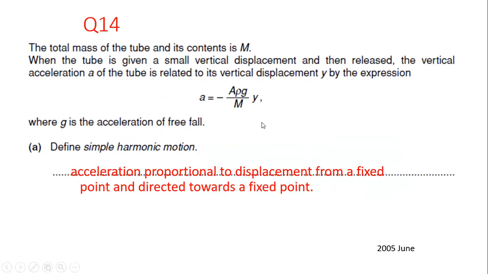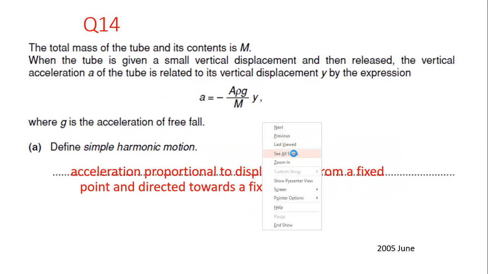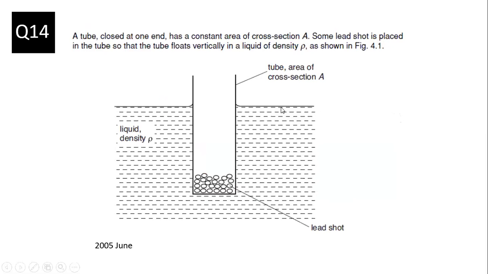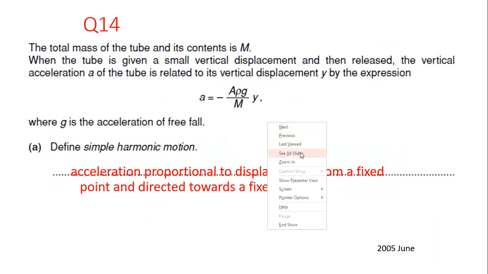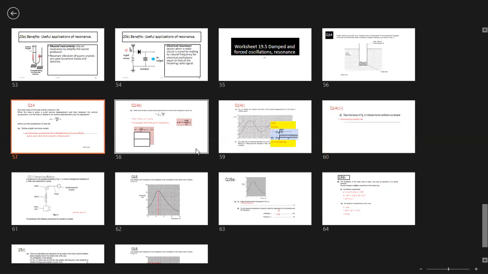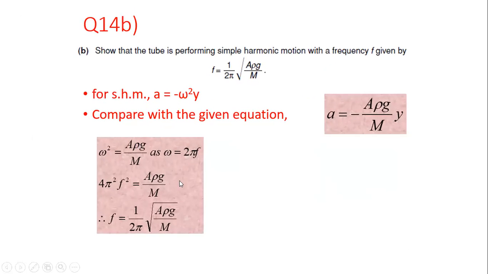A is the area, nothing given. There's the equation that you have derived, and we have just derived. So how to calculate the mass?